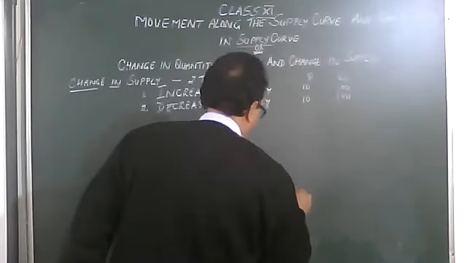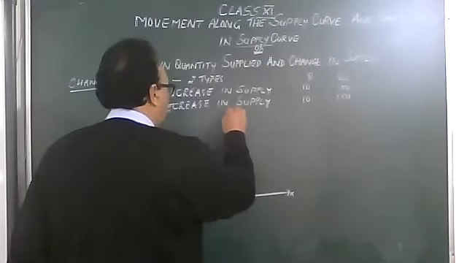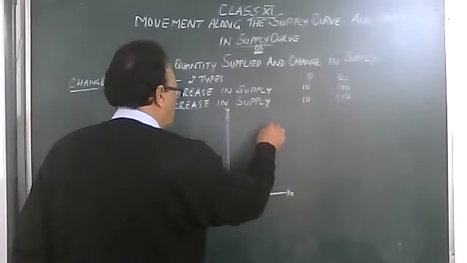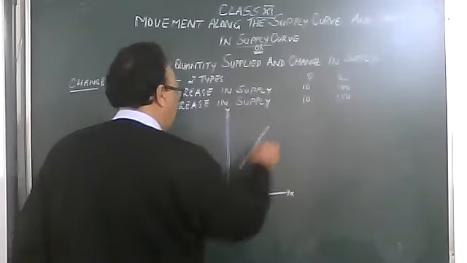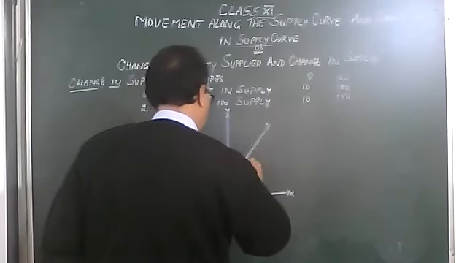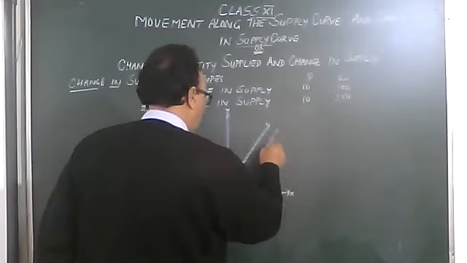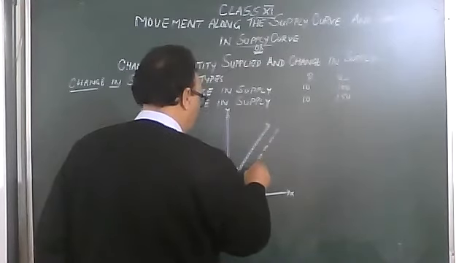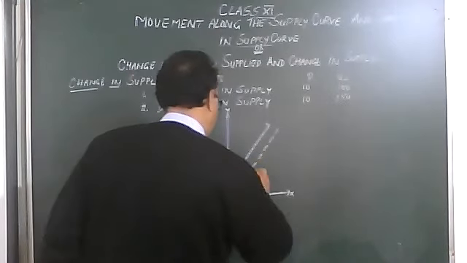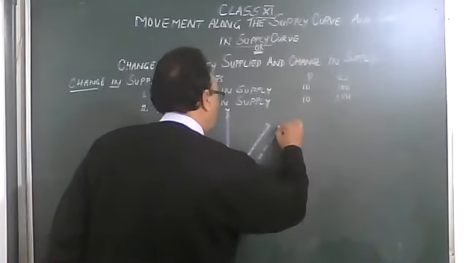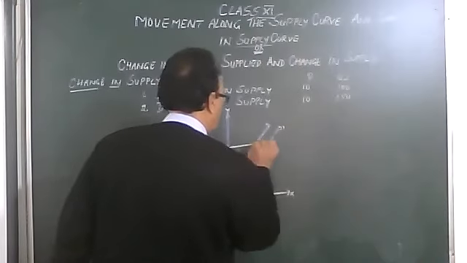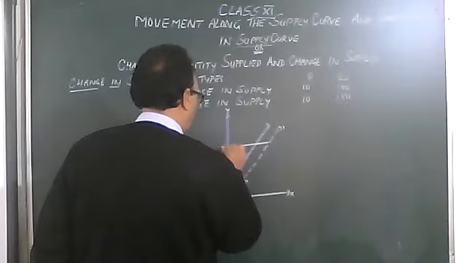The diagram: this is your supply curve, and you get a new supply curve to the right, S1, showing an increase in supply. Let us assume the price is the same.